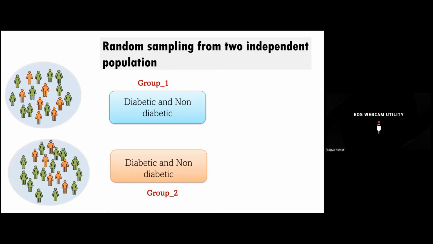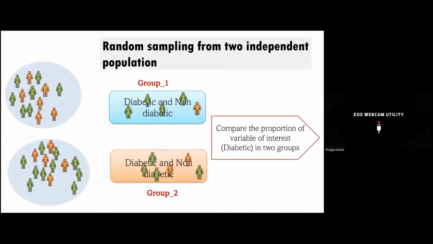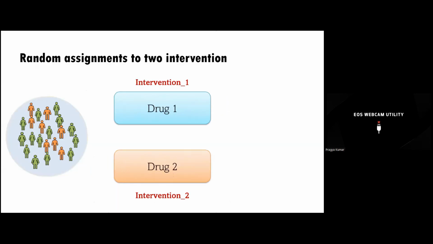We have discussed that. So we will take group 1, where we can define it as diabetic and non-diabetic. Maybe you can take one population of AIIMS Patna and one population from IGIMS, the medical students. If you want to see how many medical students are diabetic and non-diabetic in one population and the other, and compare these two proportions of diabetic in two groups, then you can apply the chi-square test of two proportion.